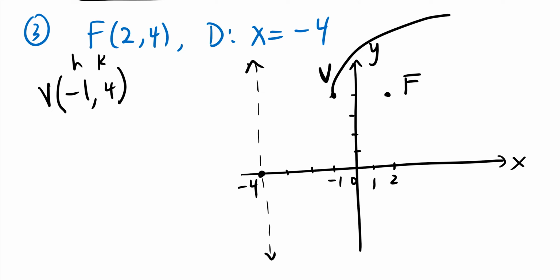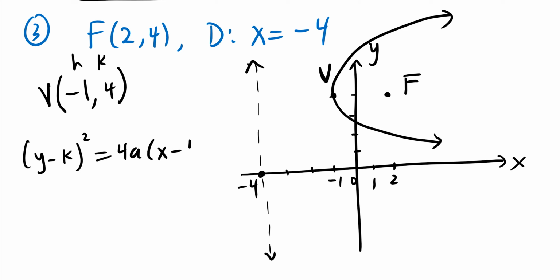Now sketching a graph will help because the focus must be inside. So notice how it's opening to the right side. Opening to the right means it's going to start with y squared equals 4a times (x minus h). So I have h and k, we need a. A is the distance from here to here, 1, 2, 3.